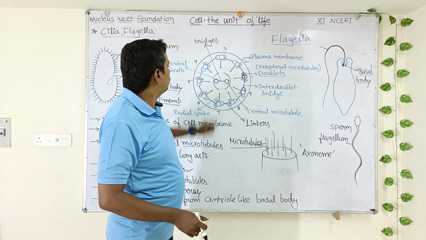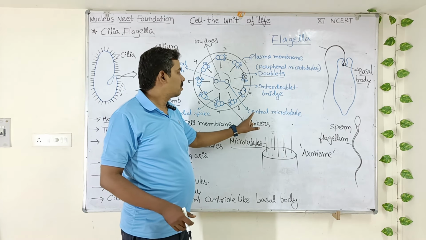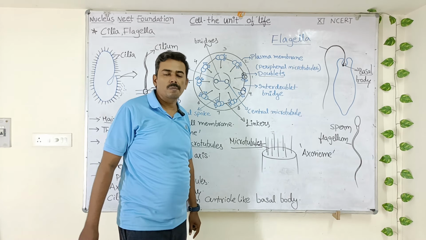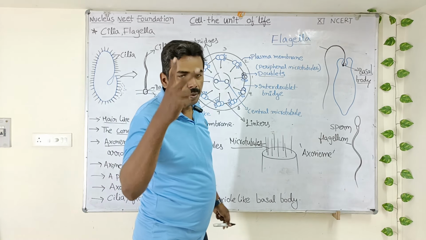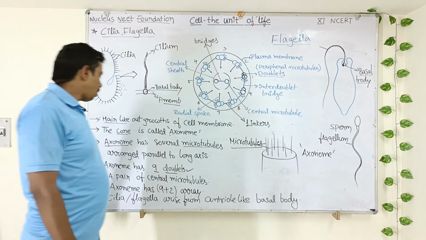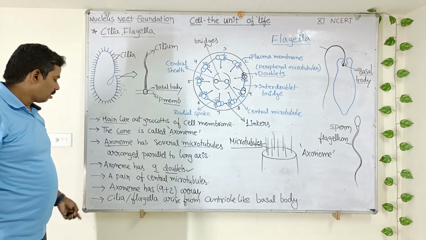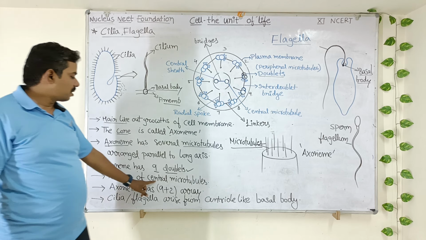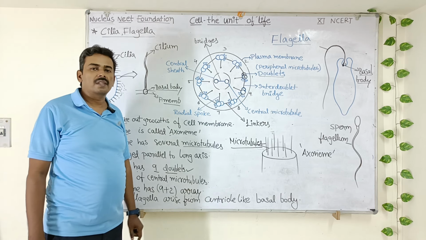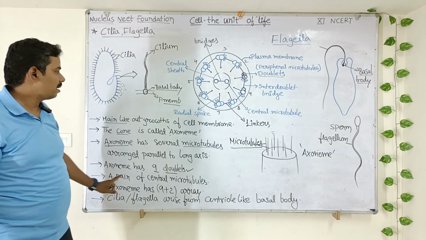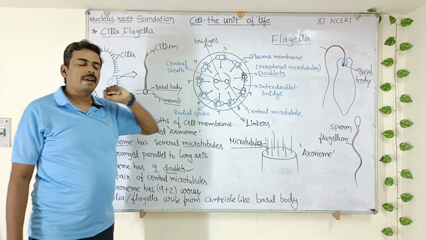They are called the central microtubules, 2 in number. So a pair of central microtubules is present at the center of the axoneme.